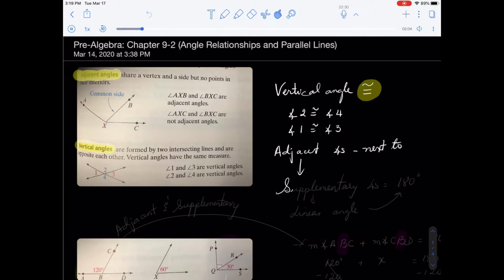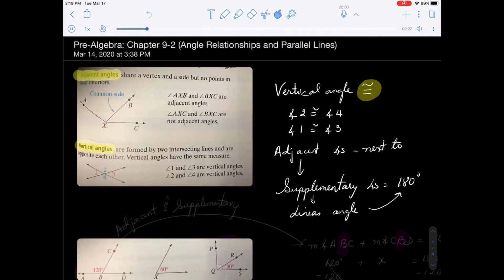We call them supplementary angles, okay? They will measure up to 180 degrees. Later on, you can hear the word linear angle. It still means the same thing.